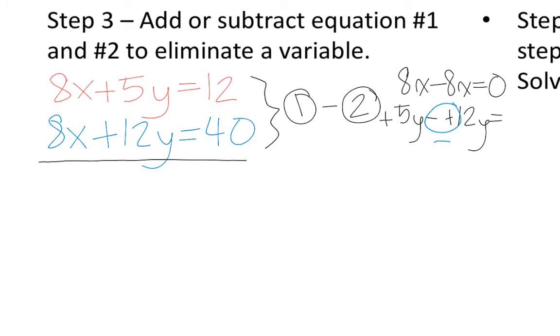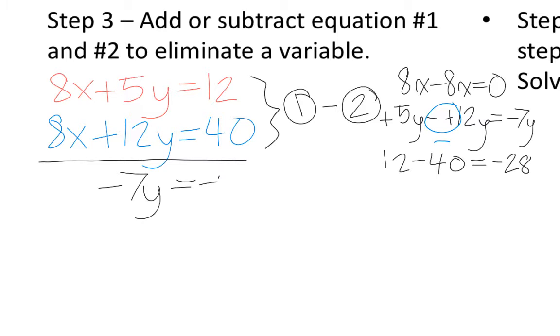So positive 5y subtract 12y is negative 7y. So here you get negative 7y. And last but not least, you have 12 subtract 40, and that is equal to negative 28. So I'm going to write negative 28 over here. We have negative 7y equals negative 28.